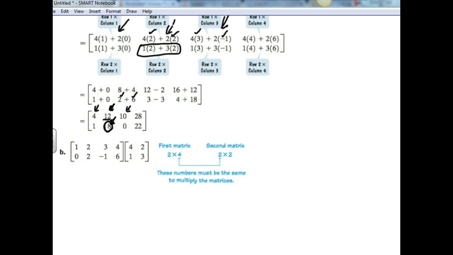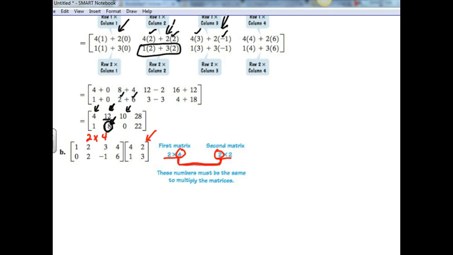If we look at part B, this matrix right here is a 2 by 4, and this matrix is a 2 by 2. When we check the two inside dimensions, which you need to do because you're multiplying rows by columns, they are not the same.